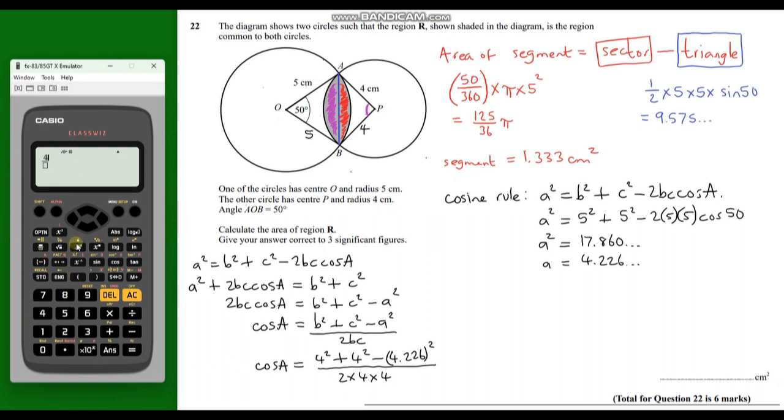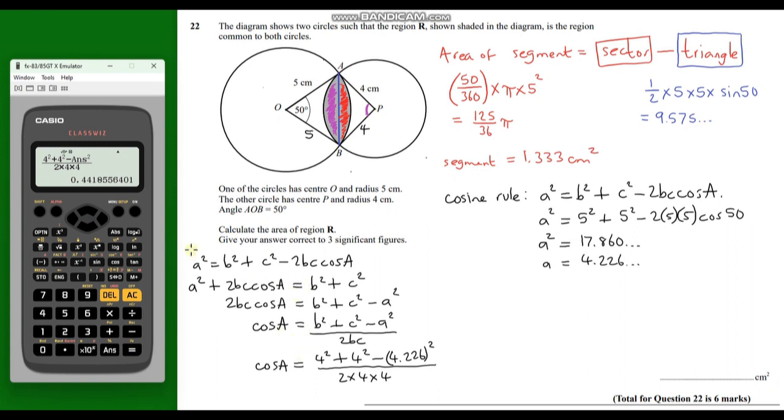Right, let's put all of this into the calculator. 4 squared. And actually, this was my previous answer from the calculator. So when I get to this bit, I can just type in answer. So 4 squared plus 4 squared minus answer squared. And then in the denominator, 2 times 4 times 4. That should be right.